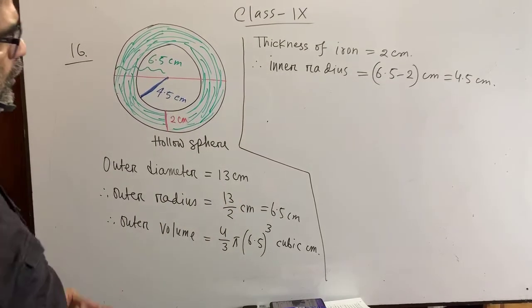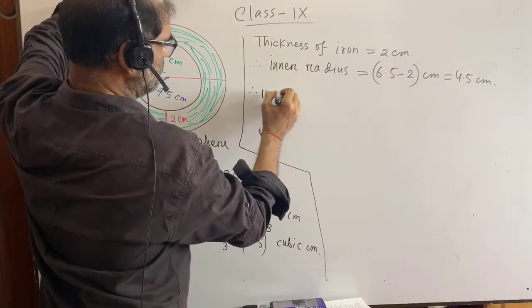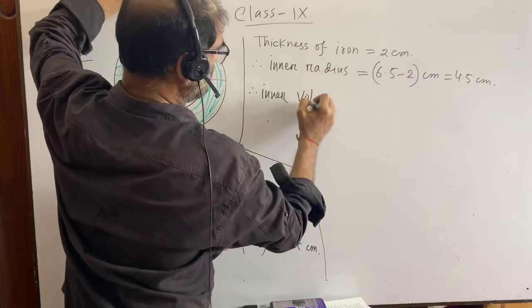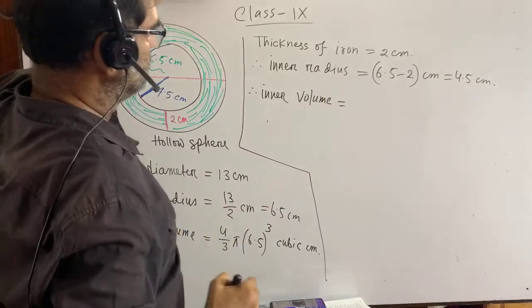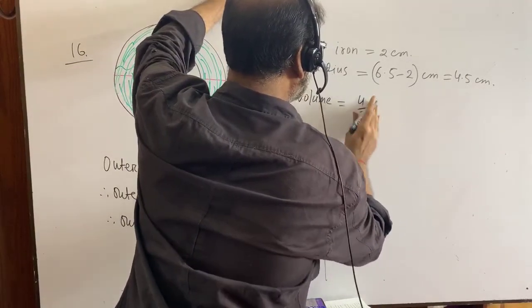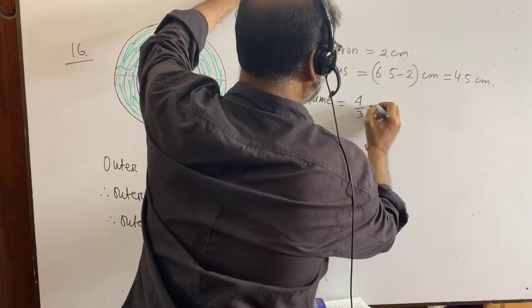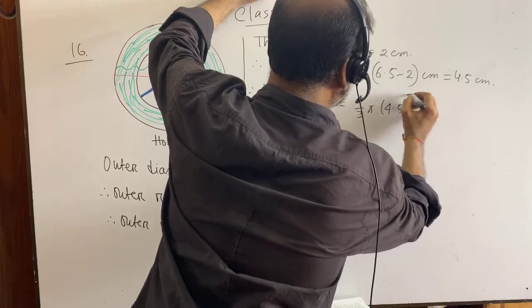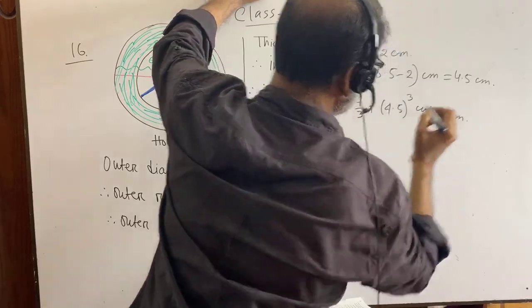Now what is inner volume? Therefore the inner volume is equal to 4 by 3 pi 4.5 cubic centimeter.